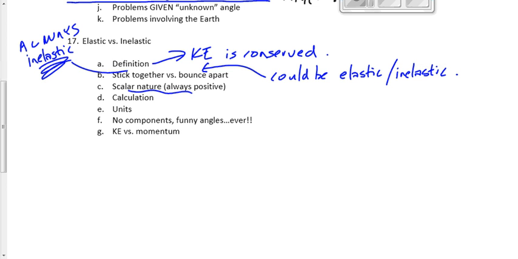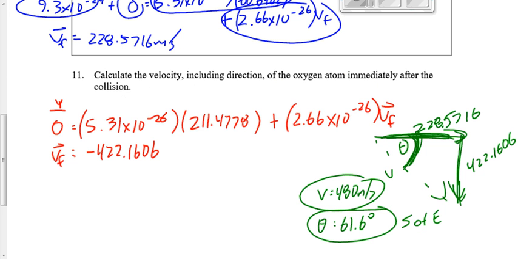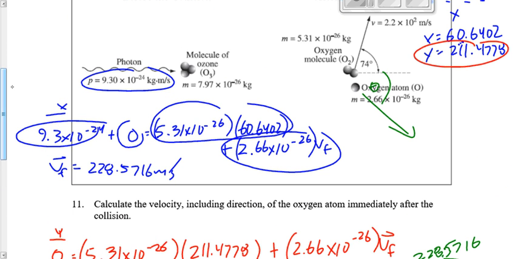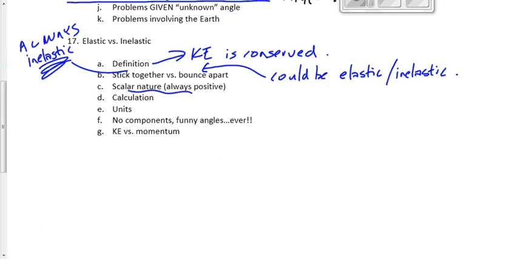Kinetic energy has a scalar nature, always positive, no angles, right? Even in a question like this, we would not break it up into x and y components. Why? Because momentum is a vector, but kinetic energy is a scalar. So whether it's one-dimensional or two-dimensional, whether it's north and south or north and north, you're going to say EKI equals 1/2 m1 v1I squared plus however many objects you have.